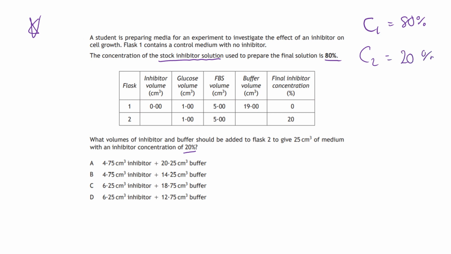So we can just ignore the symbols and just use 80 and 20 as our values. We also want a final volume of 25. So that is our V2. We need to work out V1, and V1 is going to be our inhibitor.